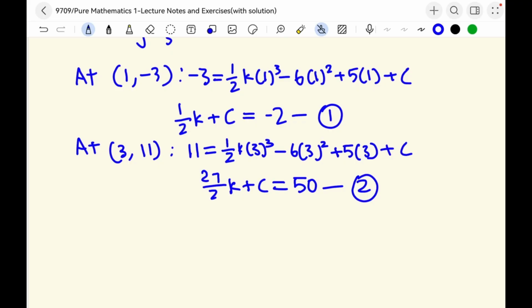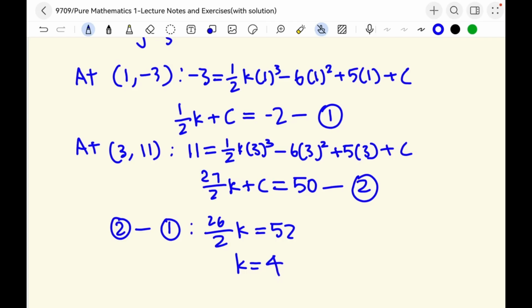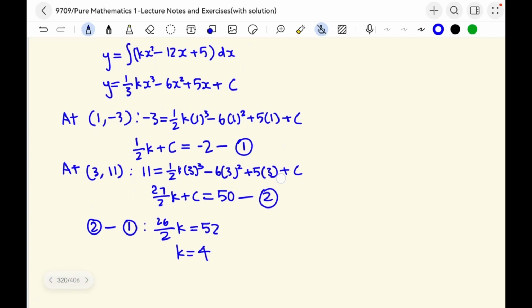So for me, I will say equation 2 minus equation 1 to get the k first, which is 26k over 2 equals to 52. So the value of k gives you 4, an integer value or a real constant.